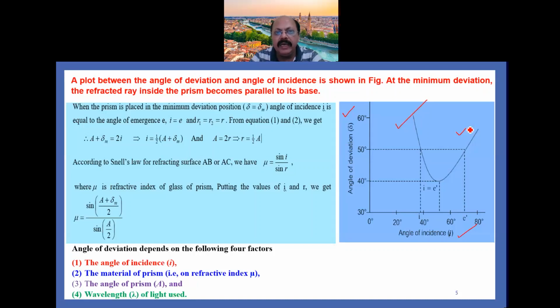and R equal to A by 2. Now according to Snell's law for refracting surfaces AB and AC, we have mu is equal to sin I upon sin R. Then we substitute the values of I and R from these equations.